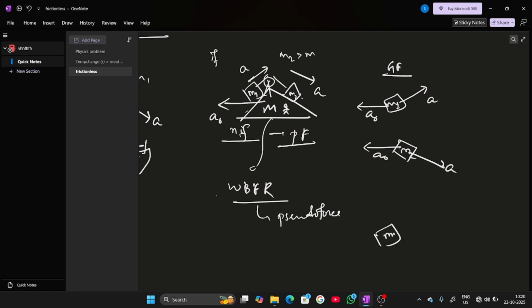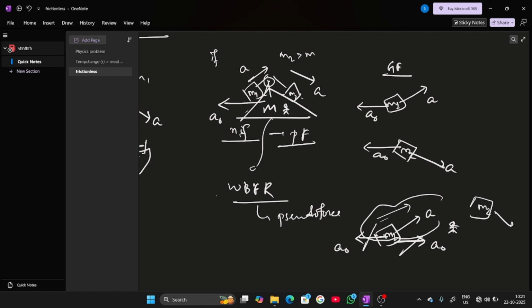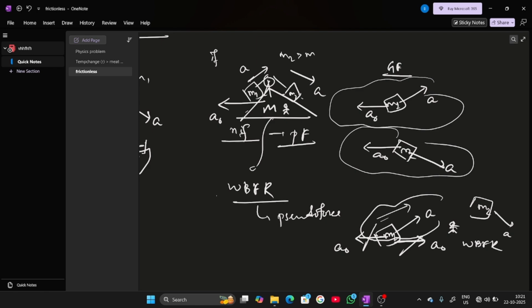Here is M1. This is one acceleration along the incline towards up. One is A naught towards left. The pseudo force acceleration will act towards right because the wedge is moving towards left. So here the A naught cancels. From the wedge frame of reference, I see M1 with acceleration A moving up along the incline. Similarly, M2 will move down along the incline in the wedge frame of reference. But from the ground frame of reference, this is the scenario.